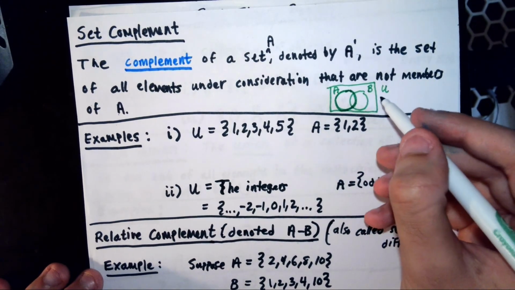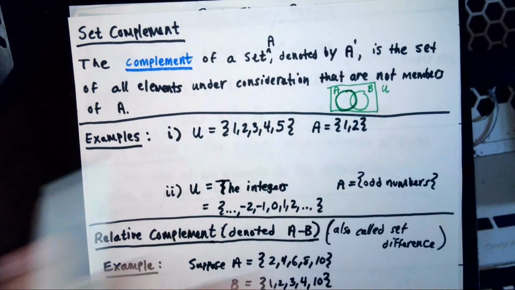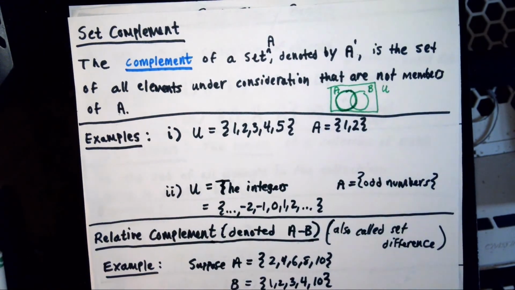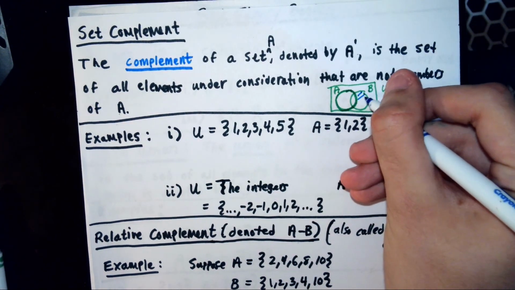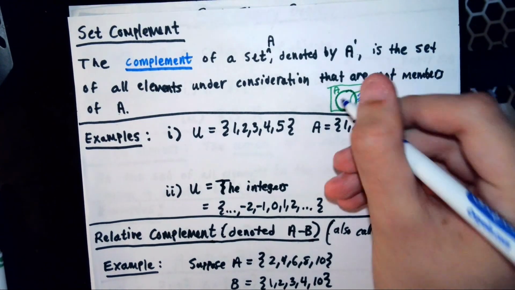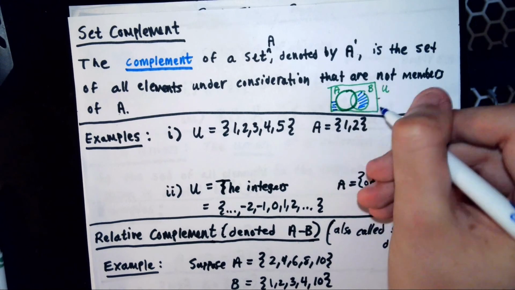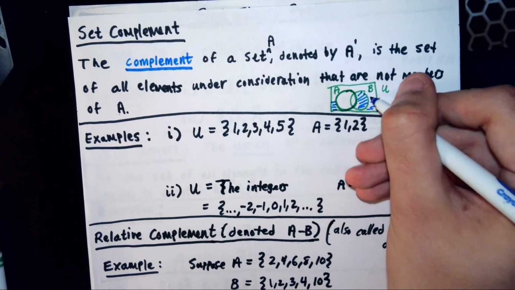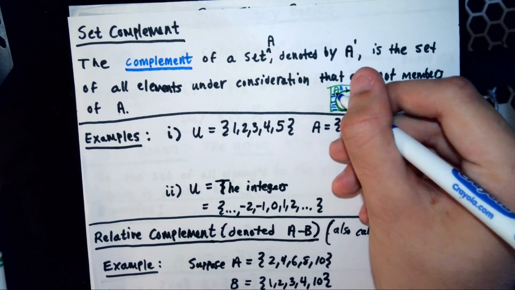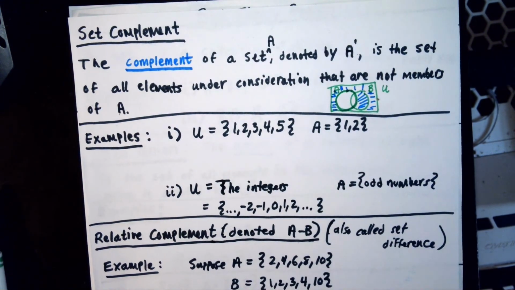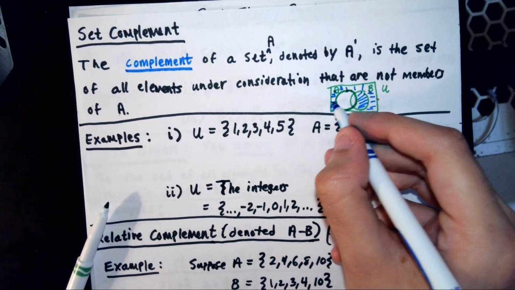So what I'll do is I'll use a different color to shade in everything that is actually included in the complement. Notice I'm shading the part of B that doesn't overlap with A, and I'm shading the part of the universal set which is not a part of either A or B on the very outside.